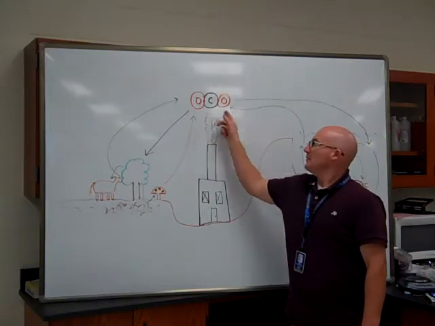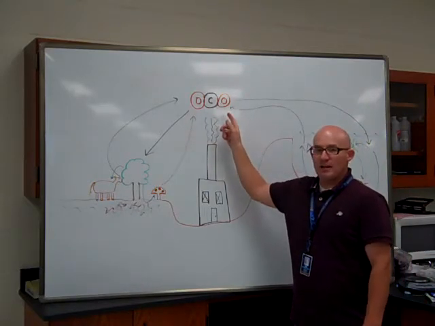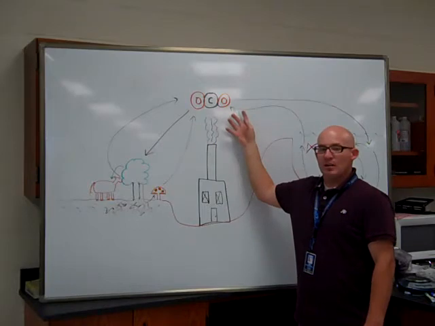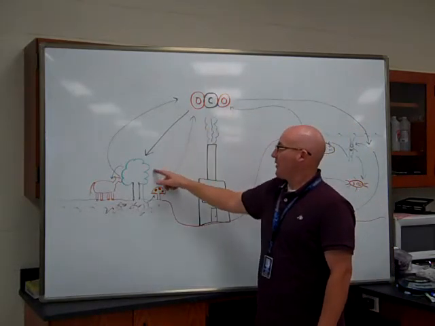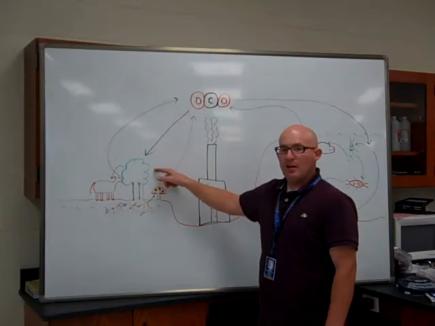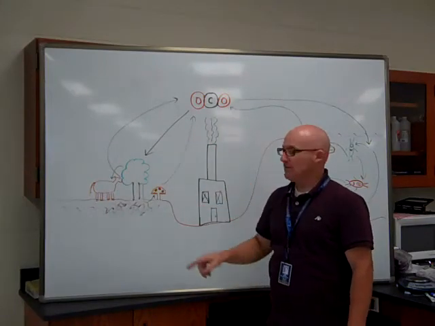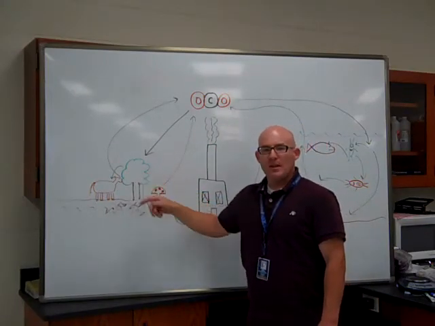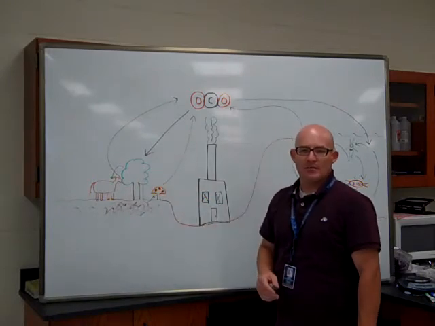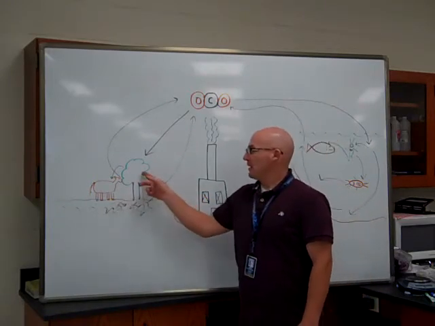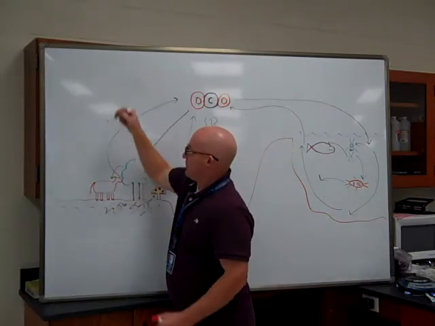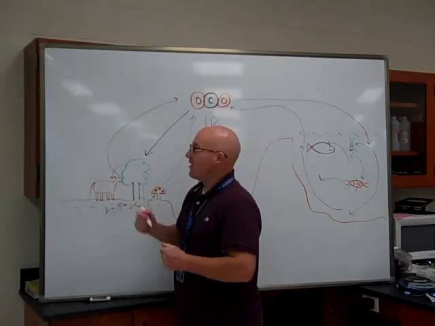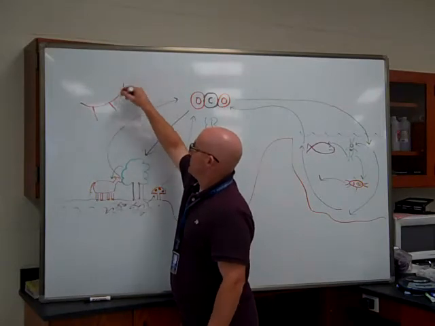Carbon dioxide, carbon bonded to two oxygens again. There are many ways that carbon dioxide gets to the atmosphere. My arrow comes down to the tree. Carbon dioxide can be used by this tree in a process called photosynthesis. What that means is the leaves use the energy from the sun.